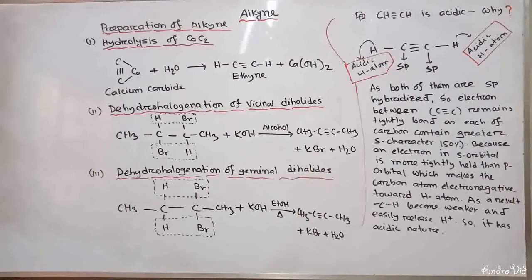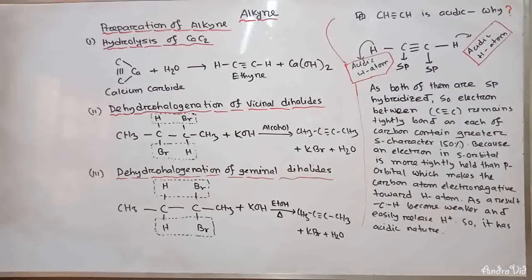Due to this, the 2 hydrogen atoms of the ethyne molecule are a little bit acidic and can be released as protons. As the ethyne molecule has the capability to release protons, I can say ethyne is acidic in nature. For this reason, this proton or hydrogen can be replaced, and substitution reaction in alkyne is possible due to its acidic nature, as it contains a hydrogen atom on this carbon.